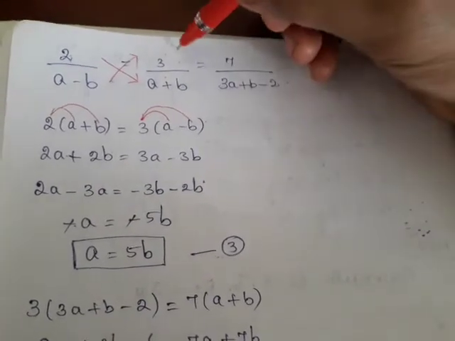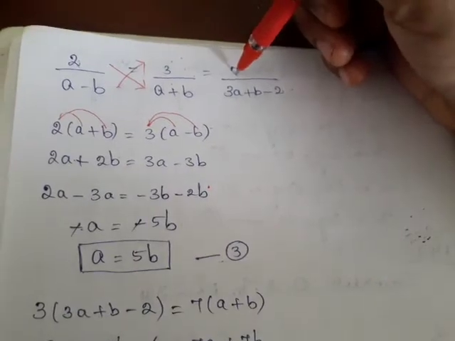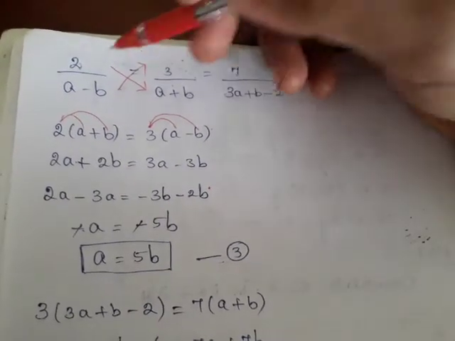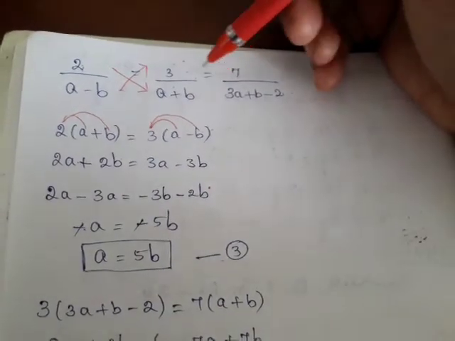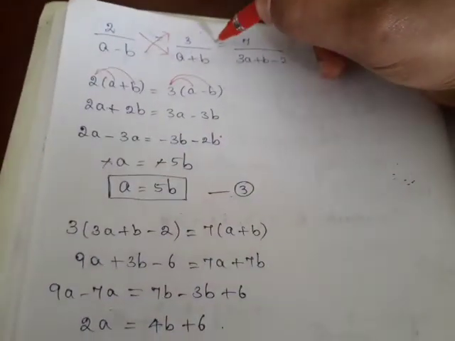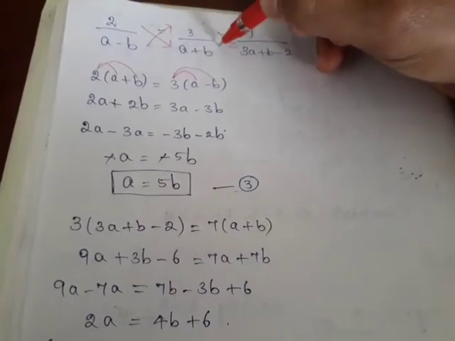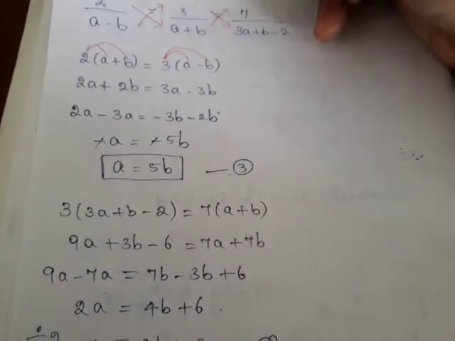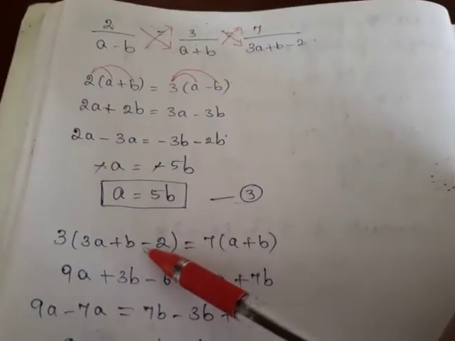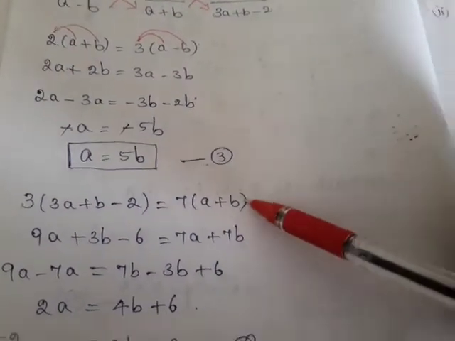Now what I have done is I have equated these two. Again it is not necessary you should do these two. You can go with 1 and 3 also. So what will happen here? See, I am going to cross multiply it in the same way. 3 into this and 7 into this. So 3 into 3a plus b minus 2, which is equal to 7 into a plus b.